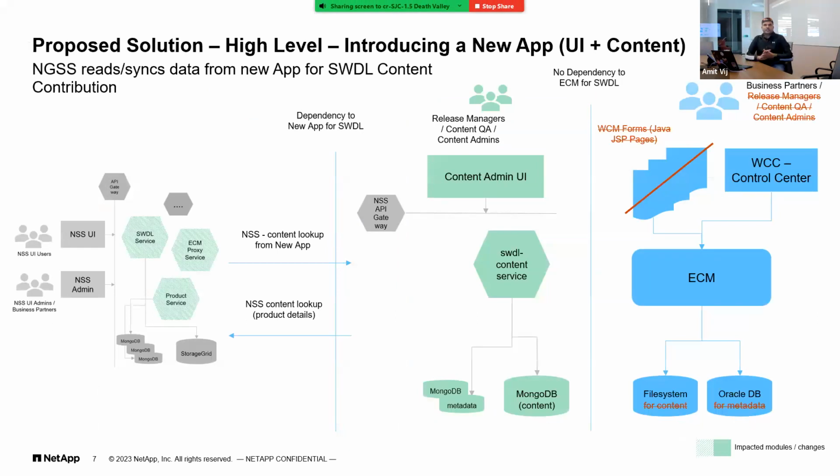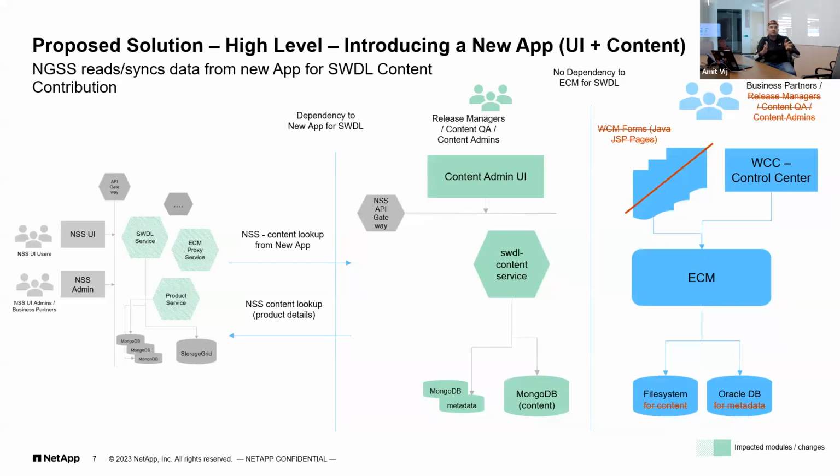So this is a slightly expanded view. On the right-hand side was our older stack, wherein we had the JSP pages, and then we had the ECM, the core content management system, and then we had a file system, and then we had Oracle database.